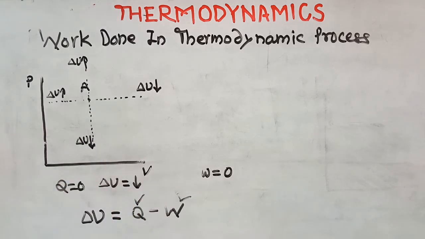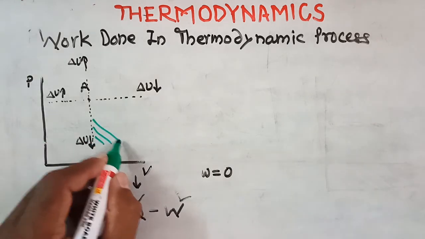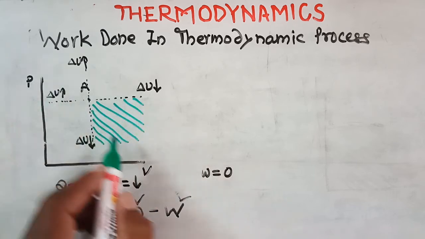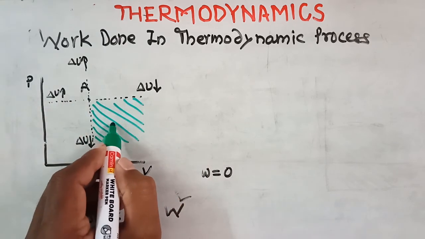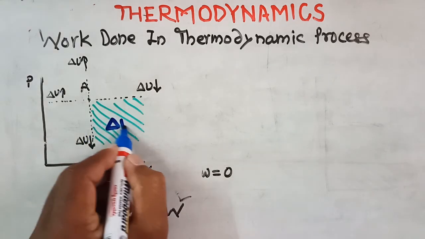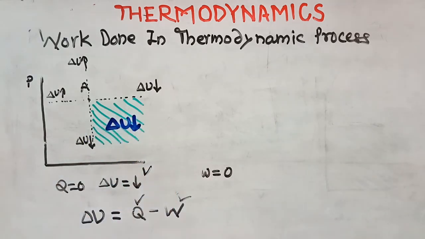So in this direction del U is negative. So this is the region, this is the quadrant. We may say that if you go in this quadrant, then the change in internal energy del U definitely goes on decreasing.